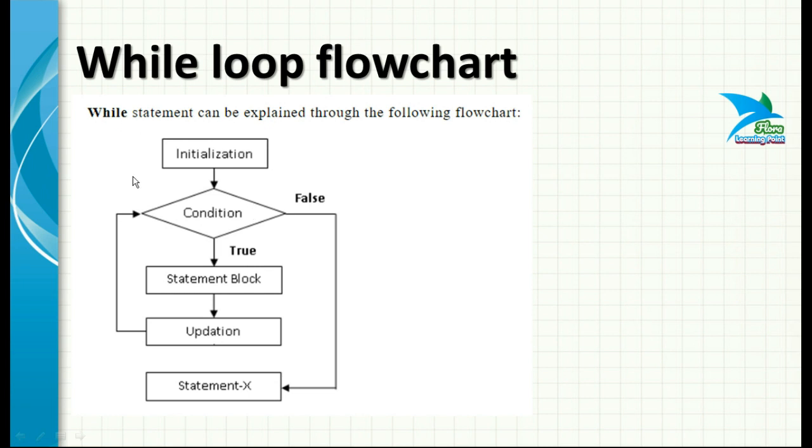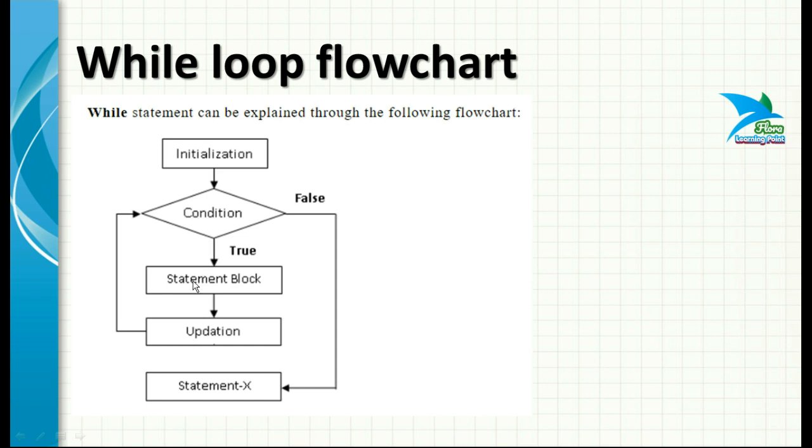Next we'll discuss this flowchart that represents the execution flow of a while loop. First we have the initialization statement that decides the starting point or initial value of a loop variable. Then control moves to the conditional statement. If the condition is true, the statements written inside the body of the loop will execute, and after the updation of the loop variable, control moves back to the condition.